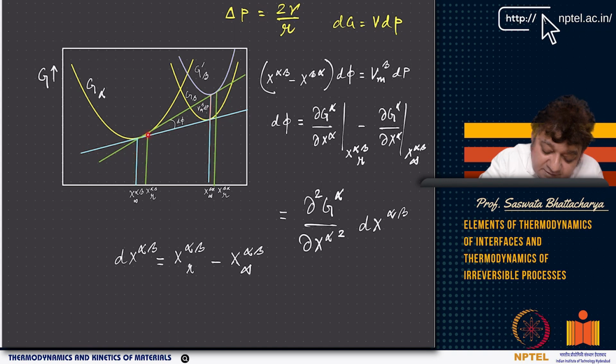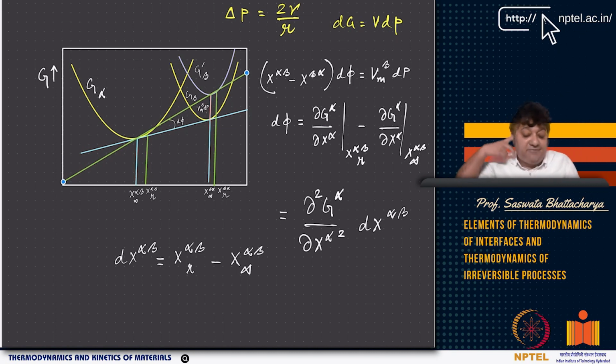Now, if you look at the common tangent, the initial equilibrium was here, with these blue lines. But as soon as I go to this one, I have this new tangent. What happens is that this is nothing but the chemical potential condition, mu B alpha equals mu B beta.